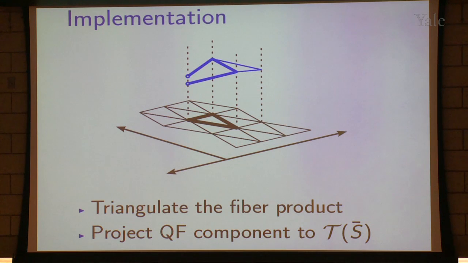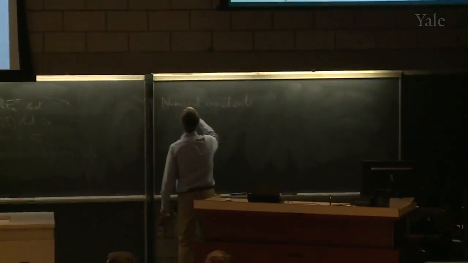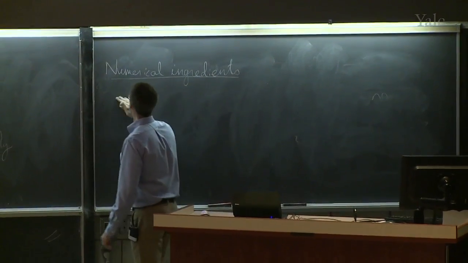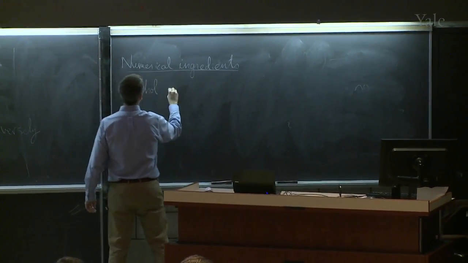Exactly. So here are the key steps that allow this to be done numerically. There are really 3. The first is that Hall is computable.